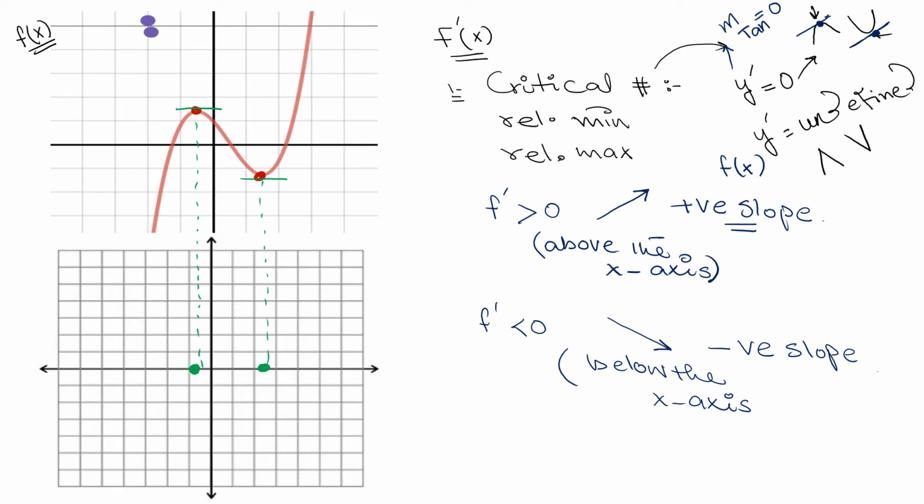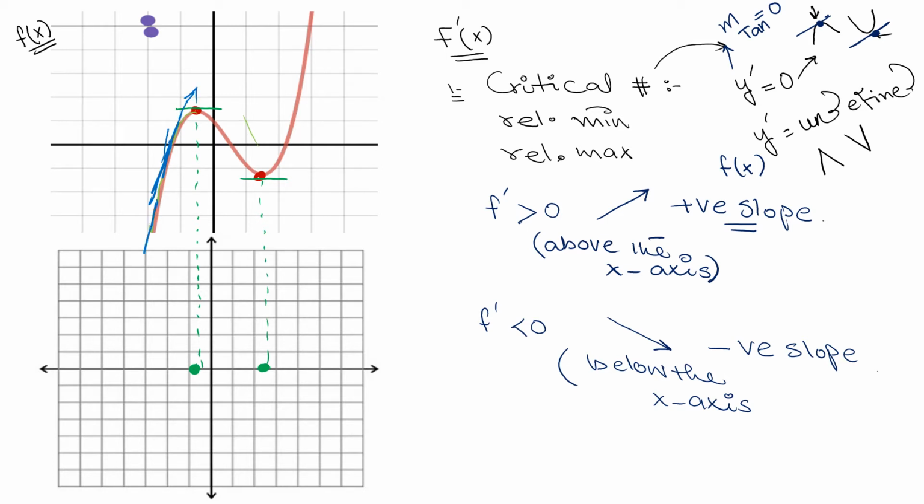After doing this, now check the behavior of the slope one by one. So here, look at this curve on the left hand side. What is happening on this curve, and how does the slope of the tangent line look? If I sketch the slope here, the slope is positive.